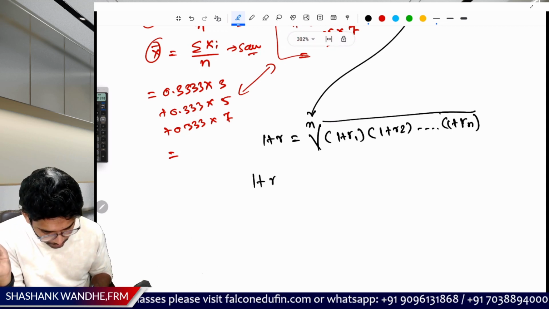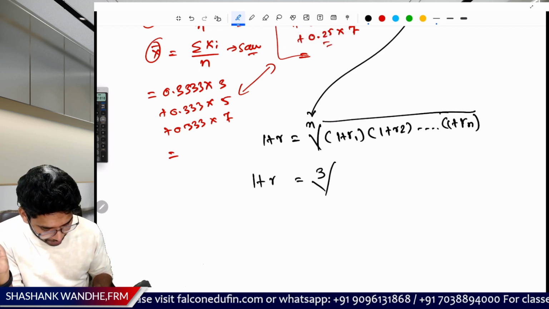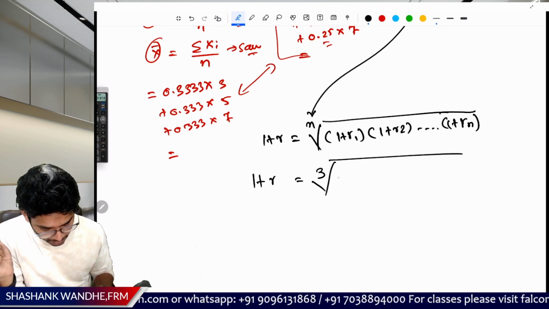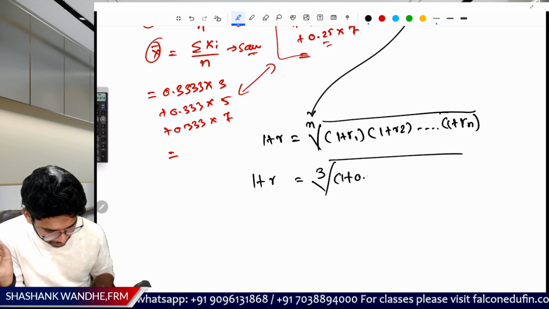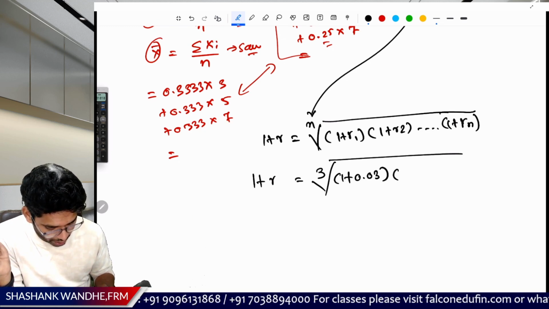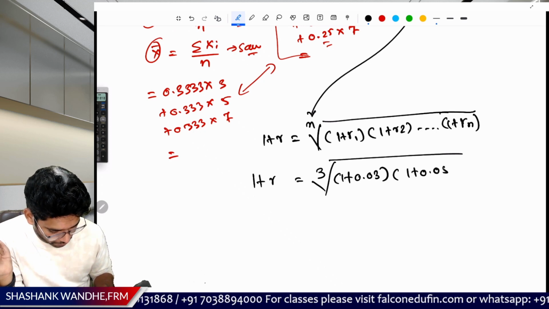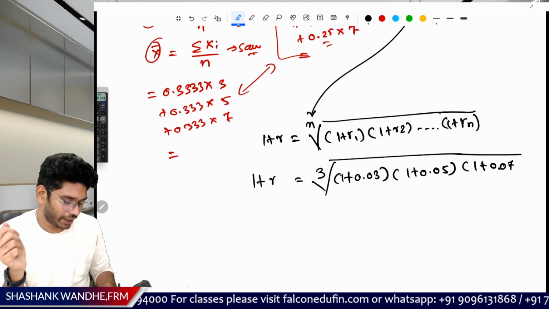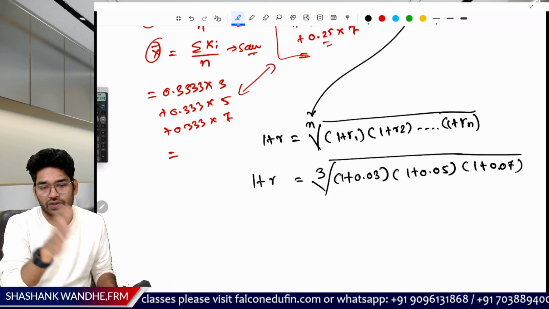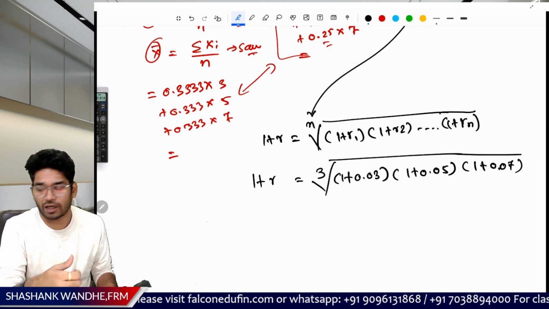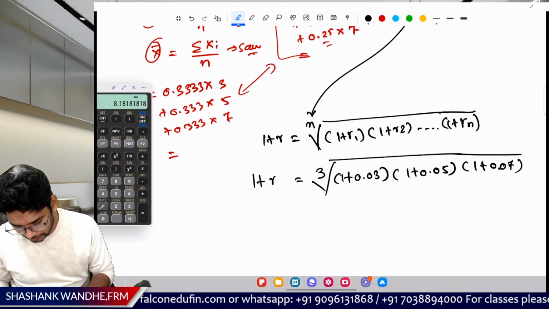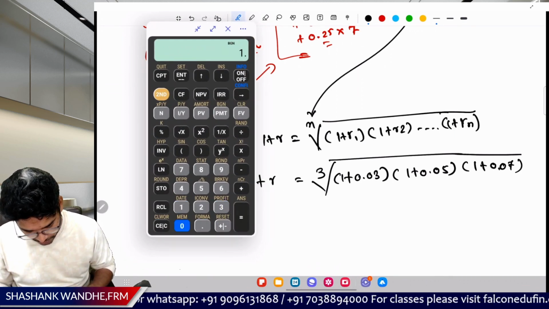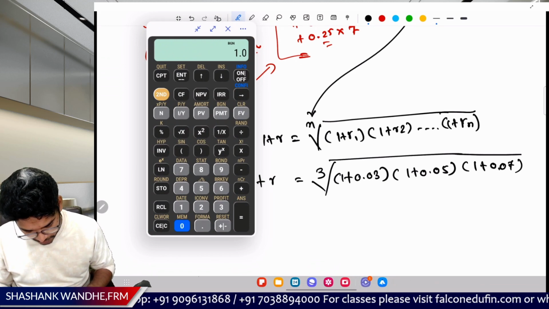So here, what will we do? 1 plus R is equal to, because we have 3 years, 1 plus 0.03, 1 plus 0.05, and 1 plus 0.07. Simple. Now simply multiply and calculate the answer: 1.03 multiplied by 1.05 multiplied by 1.07.